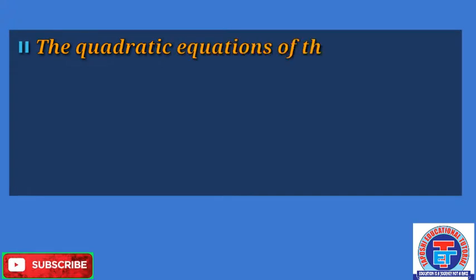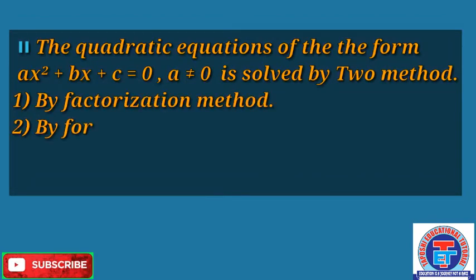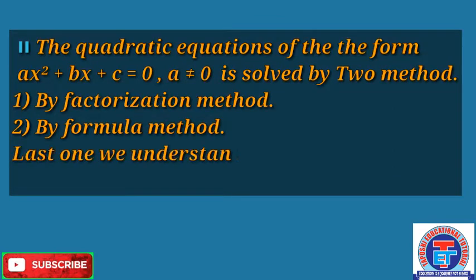The quadratic equation of the form ax square plus bx plus c is equal to 0 is solved by two methods, by factorization method and by formula method. Last one, we understand the nature of root.